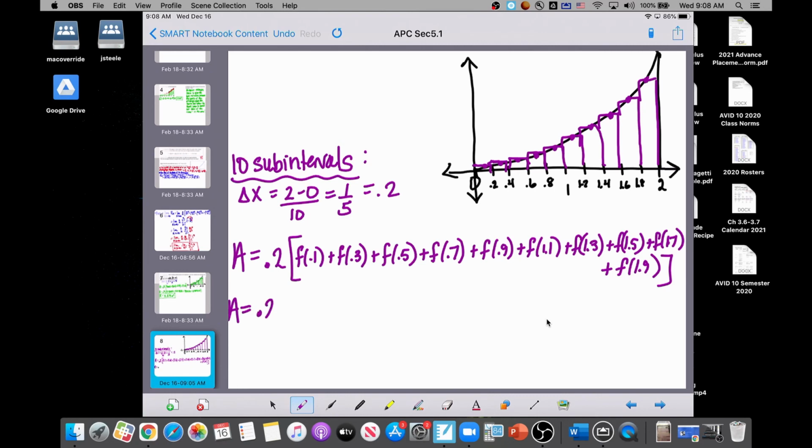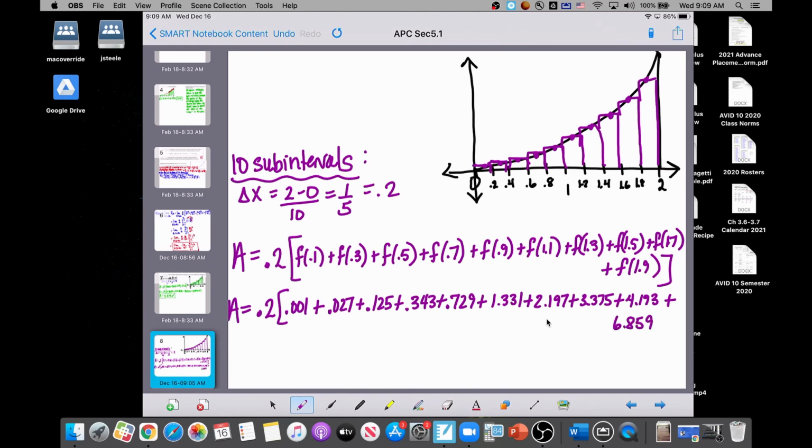So I get area is equal to 0.2 times, I'm not going to use as many decimal places this time. I'm just going to go 3 places past the decimal. So 0.001 plus 0.027 plus 0.125 plus 0.343 plus 0.729 plus 1.331 plus 2.197 plus 3.375 plus 4.913 plus 6.859.